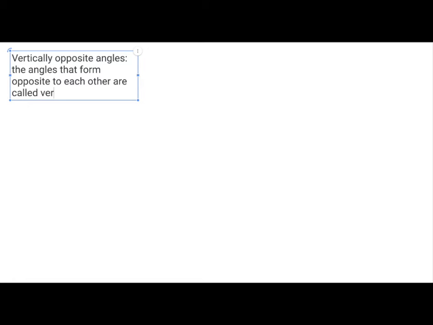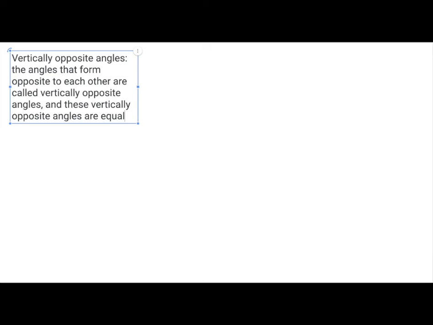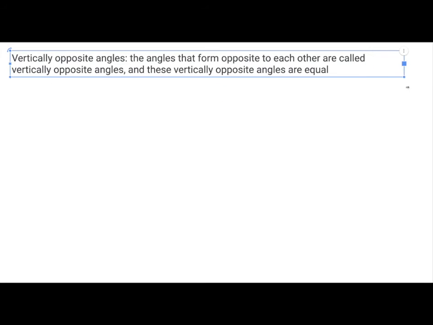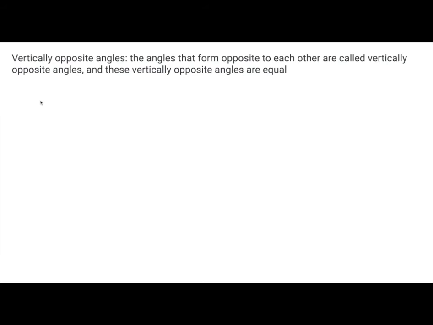The angles that form opposite to each other are called vertically opposite angles, and these vertically opposite angles are equal.